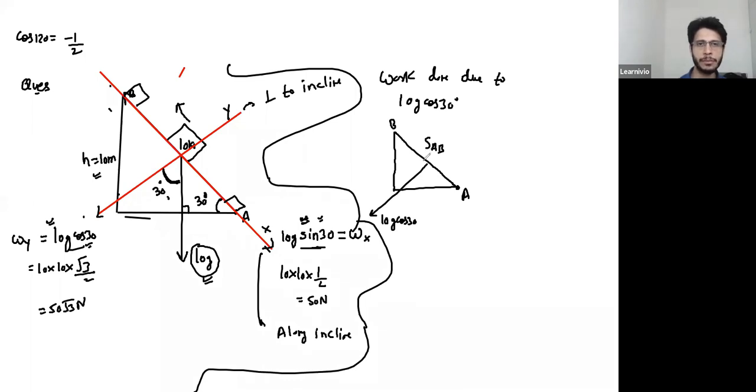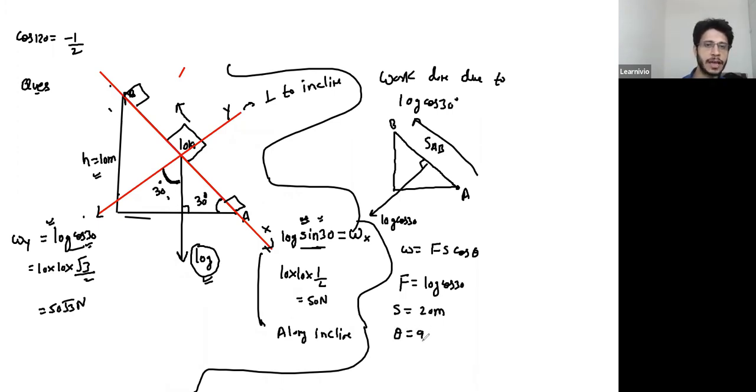What is the angle between SAB and 10g cos 30? You see it again. From A to B, this direction is SAB and this is 10g cos 30. The angle is 90 degrees. So here your force is 10g cos 30, and your displacement is 20 meter that we calculated in the last part.